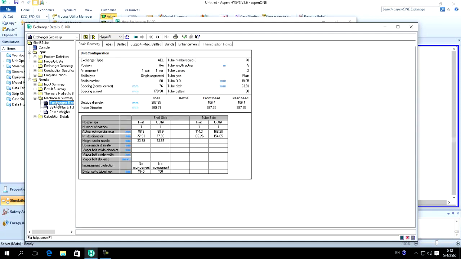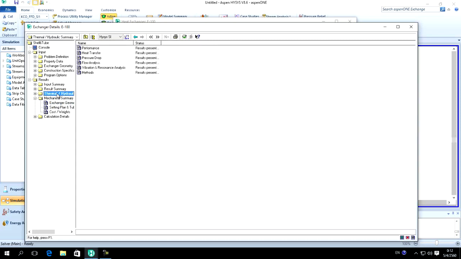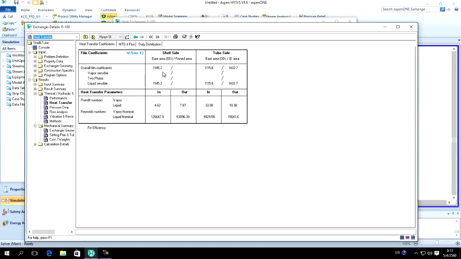So what you have to turn in is the thermal calculation based on heat transfer and pressure drop. Okay, so telling that HO is equal to 1145 and HI is equal to 1115 based on the outer diameter, and there is no phase change.